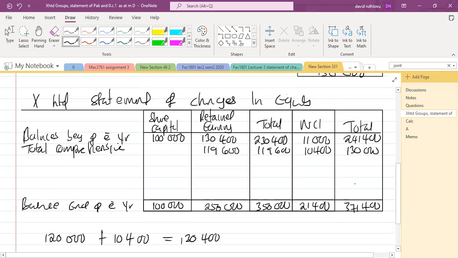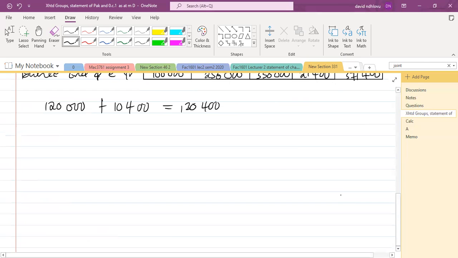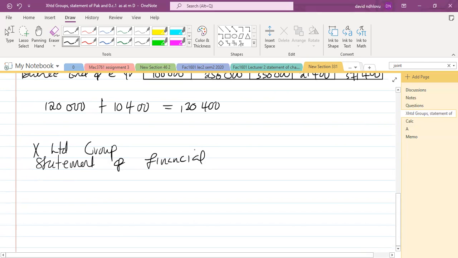Right, we now need to close by compiling the statement of financial position. So X Limited Group, statement of financial position as at 31 December of the year 2026.